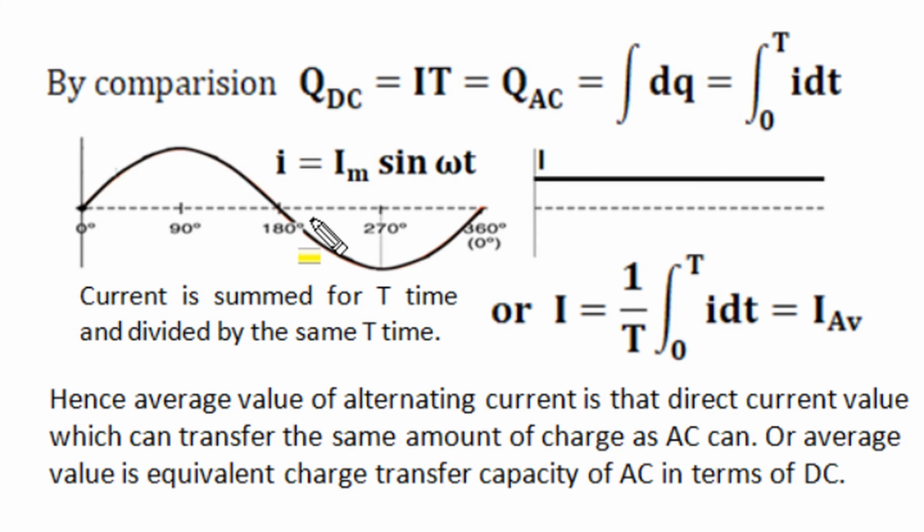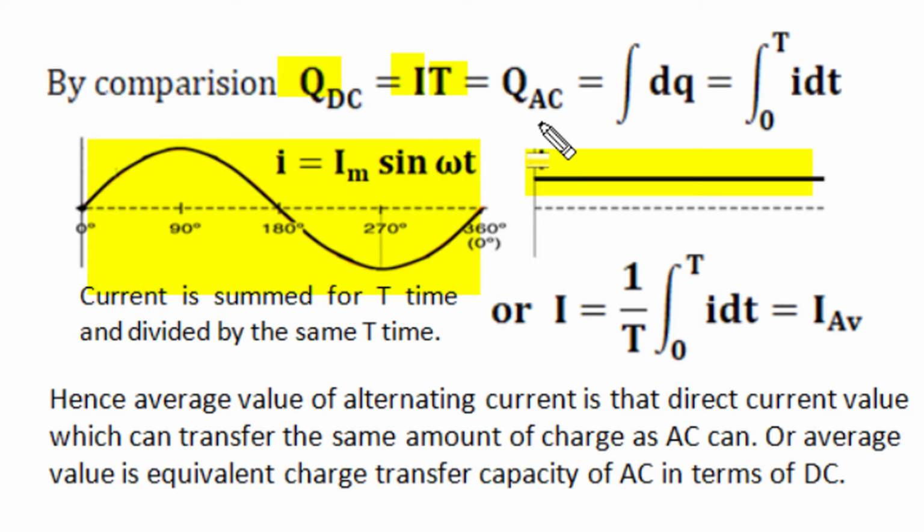To find out the equivalent charge transfer capability of sinusoidal alternating current in terms of a DC current magnitude, we compare charge transfer by sinusoidal alternating current and direct current for one complete cycle, or one time period. In one time period, steady DC current capital I in time period capital T produces charge transfer as the multiplication of current and time.